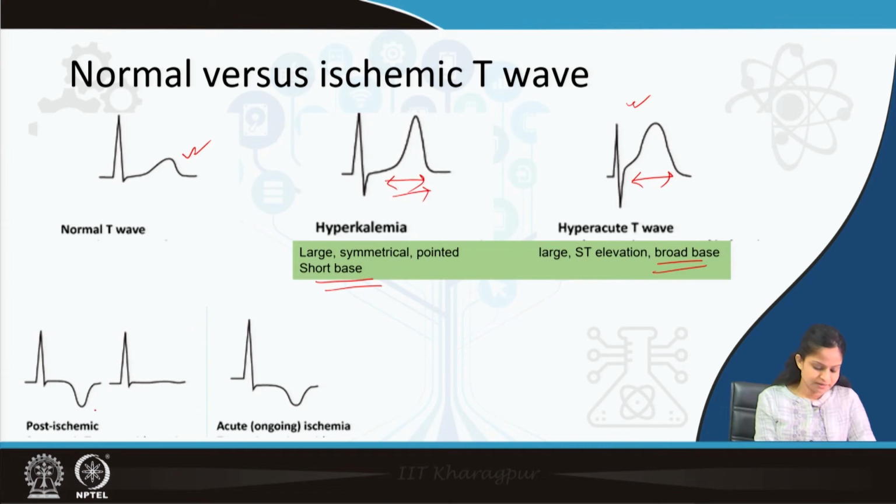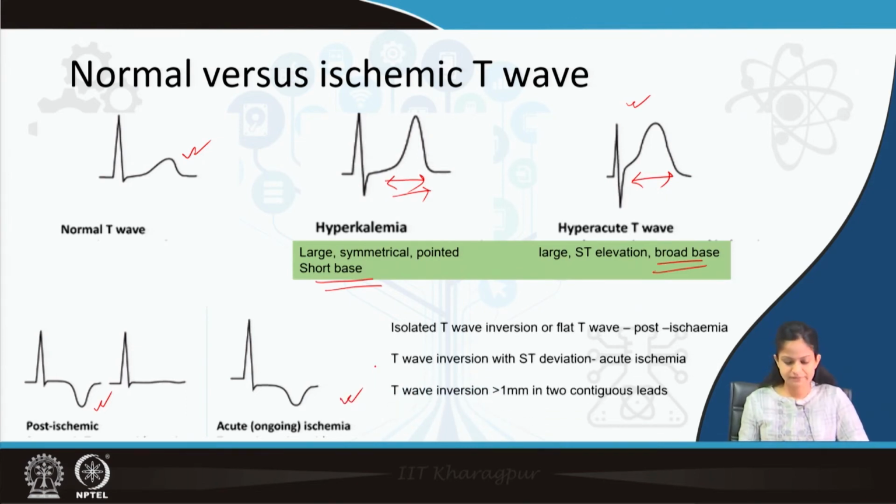Besides, this is the T wave, isolated T wave inversion, that is post ischemic. In case of acute ischemia, we get to see inversion of T wave as well as significant ST and T changes. So, these are very pathognomonic of myocardial infarctions.